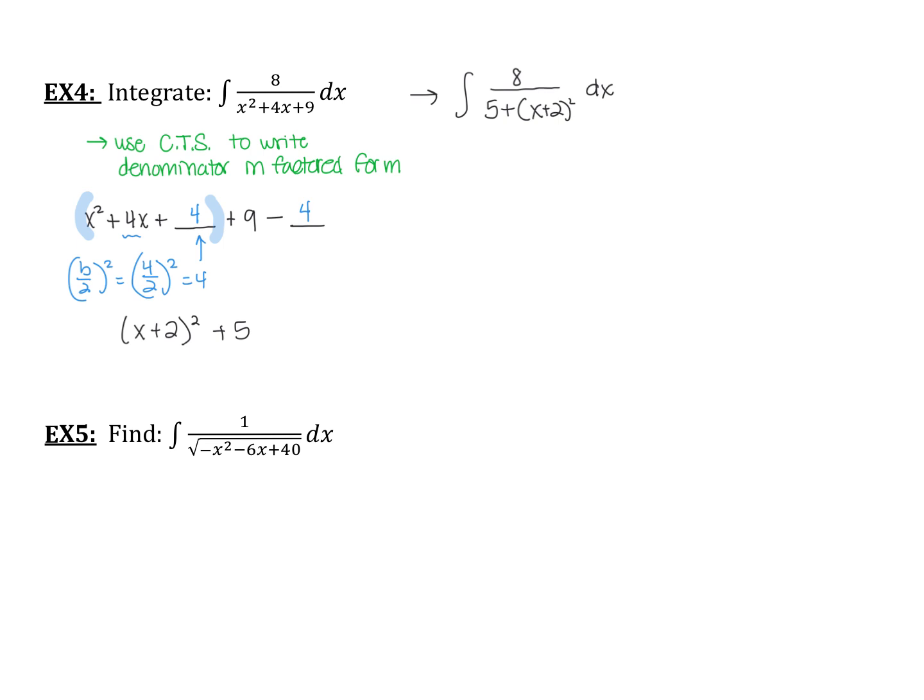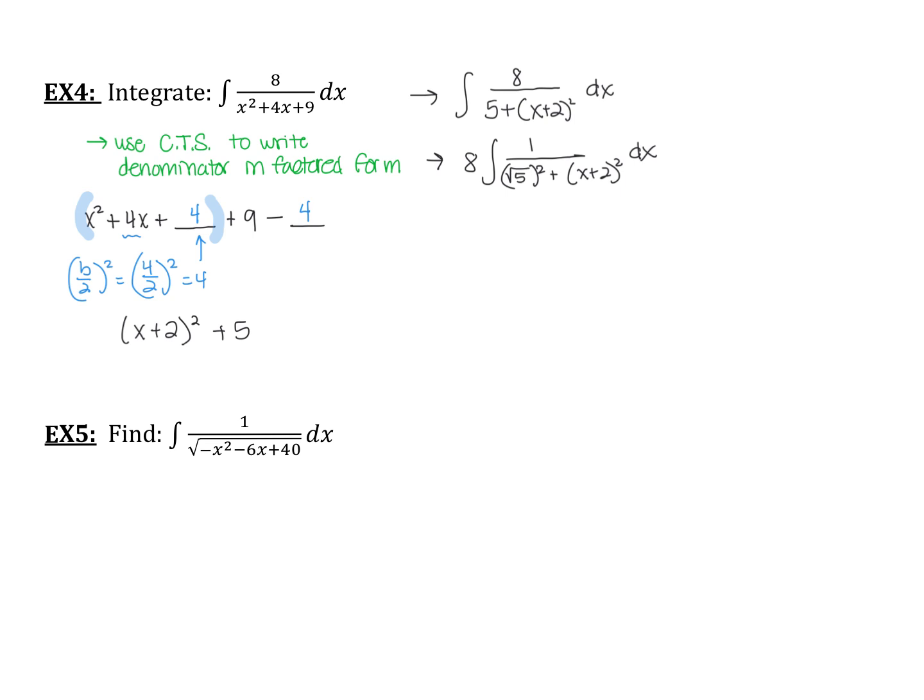Well, hopefully what you notice, let's maybe make one more rewrite. If I pull the 8 out and I write this as root 5 squared plus x plus 2 squared dx, does that look like something we had on the front side? This is an arctangent. This too is an arctangent function.